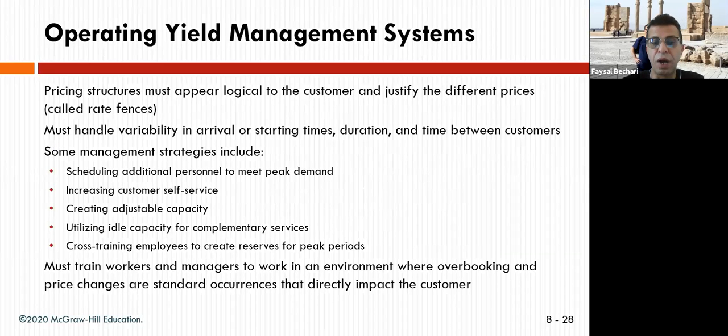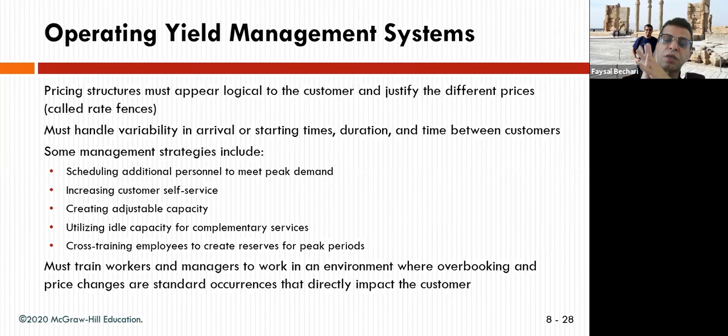Now, the pricing structure must appear fair at the same time as putting restrictions in place. The pricing structure must also appear logical to the customer and justify the different prices, which is called a rate fence.